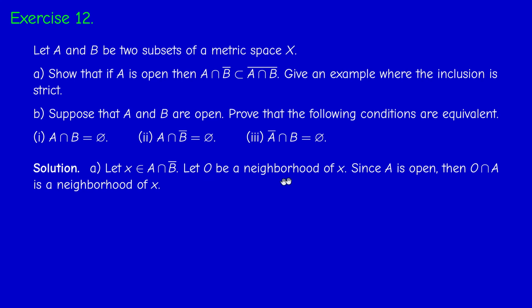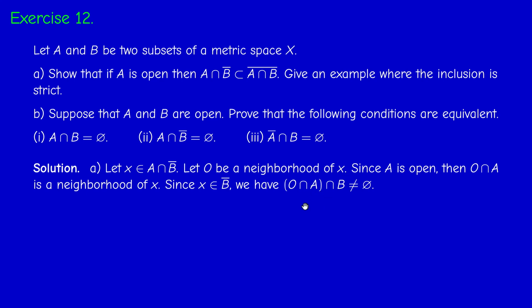Okay, now, since A is open, then O intersected with A is also open. So it's a neighborhood of X, just an open set containing X. Now, instead of taking O, I take O intersected with A. Since X is in B bar, this set must meet B by proposition 1.8.